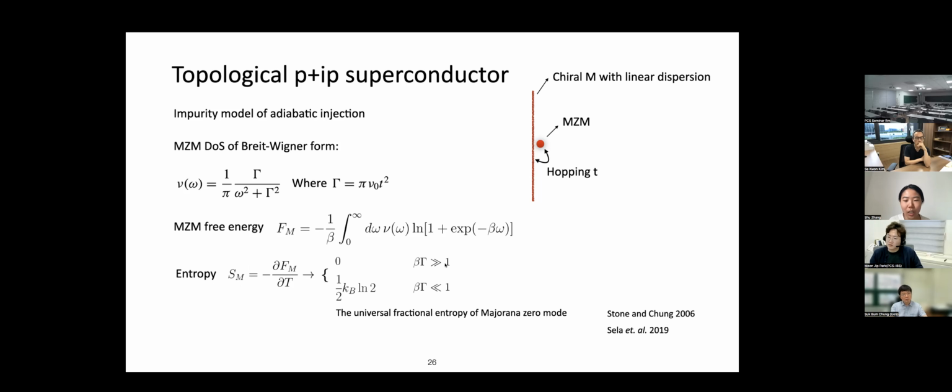And we can see when the hopping is very large, which means the vortex is close to the edge, the entropy is 0. But when the vortex goes deeply into the bulk and is separated from the edge, we get 1/2 k_B log 2, which is actually the universal fractional entropy of a Majorana zero mode, as discussed in these papers.